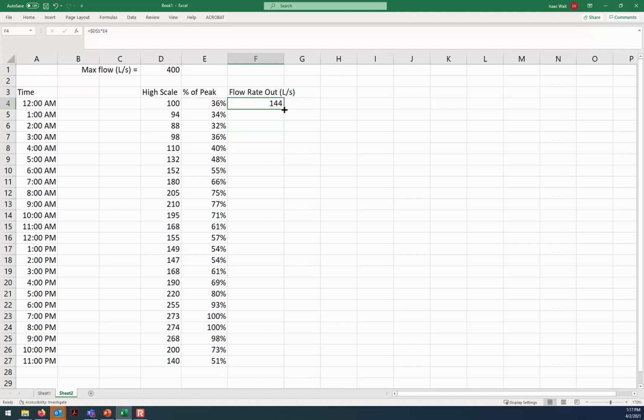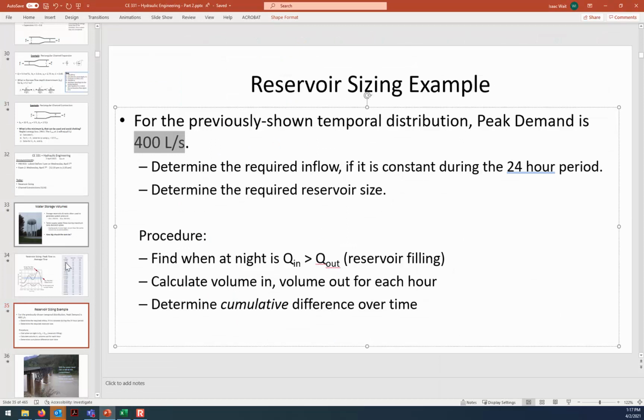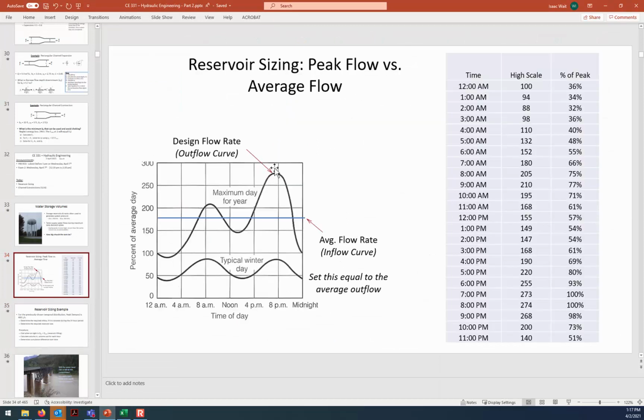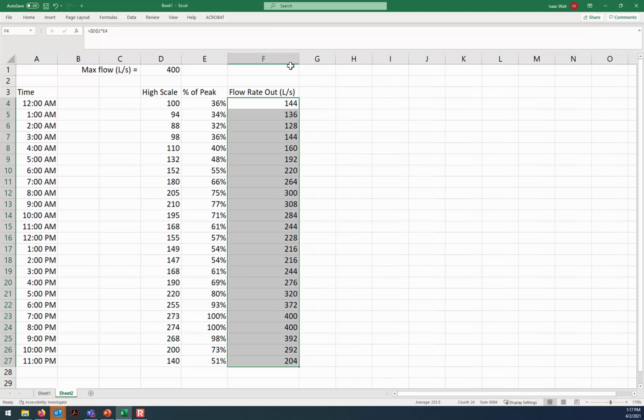And so now look, what we know is that the flow rate out is highest here at 8 p.m. So according to the curve, I'm saying I want 400 liters per second to be at 8 p.m. And so I've used that curve to tell me what's the flow rate out at all the other times of the day, because they're some fraction of the peak. So hopefully you see how I've just used this percent of peak table. What I've done is I've multiplied the known outflow by the percent of peak.